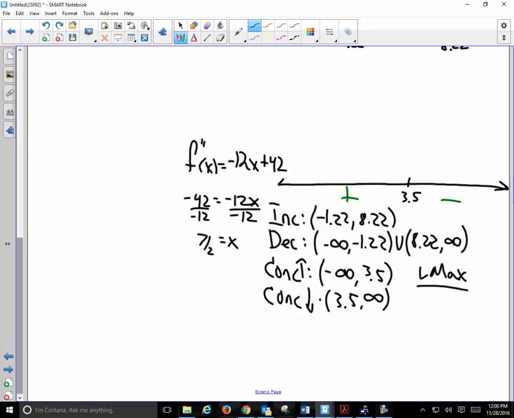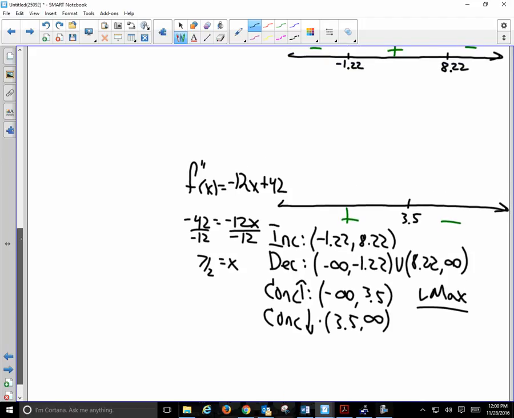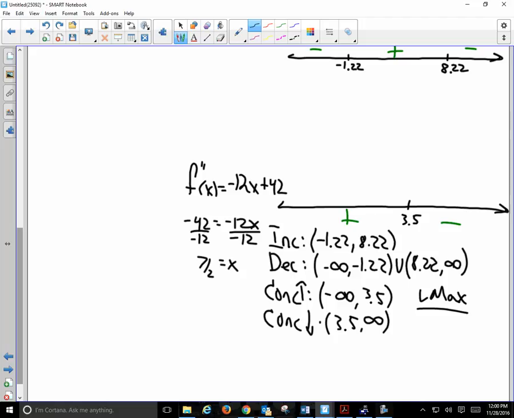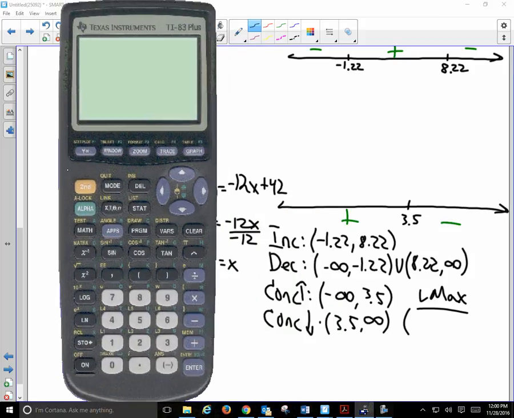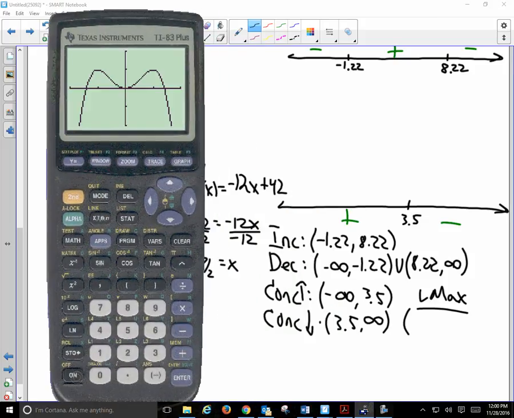Do I have a local max? At what x value? 8.22. That's where the first derivative changes from positive to negative. So 8.22. I'm going to need a y value.